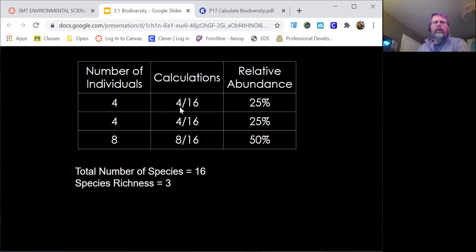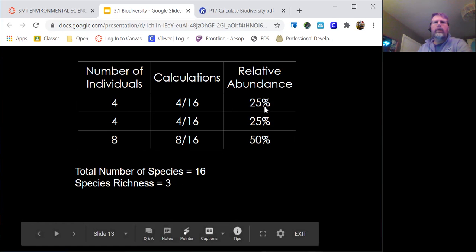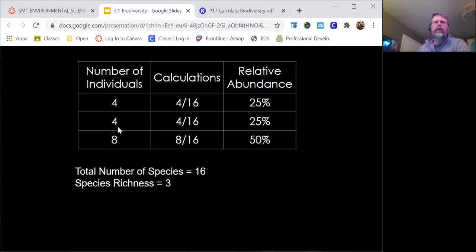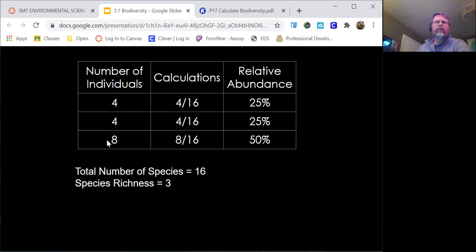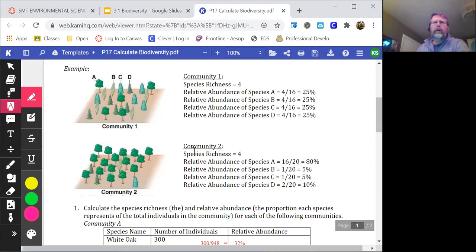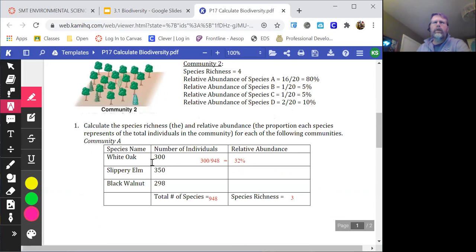We take the number of these individuals and divide it by the total, and that gives us our relative abundance. Then we take the next number and divide by the same total, and that gives us our next abundance. And finally, we keep going, number of individuals from that species divided by the total, giving us our relative abundance. That is what you're going to be doing as you work your way through. You take your number of individuals, you divide by the total, and that will give you your relative abundance.